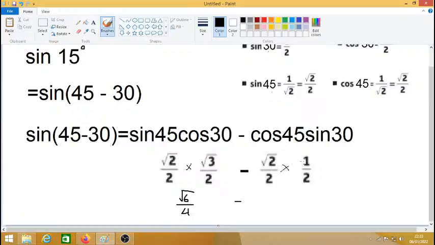So it's root 2 times 1. That's going to stay as root 2. And on the bottom is 4. So my fraction is going to end up as root 6 take away root 2 on the top, and 4 on the bottom. And that's the question done.